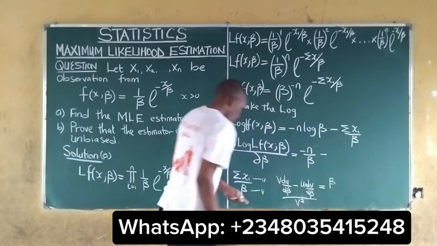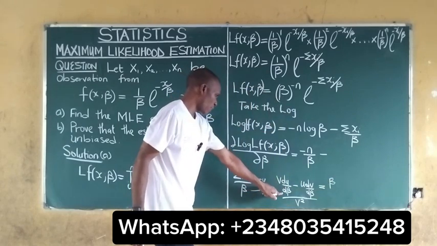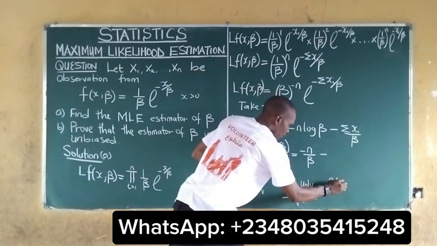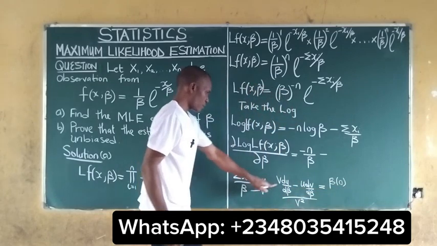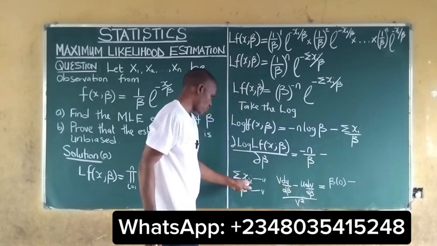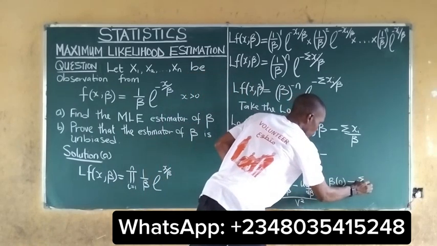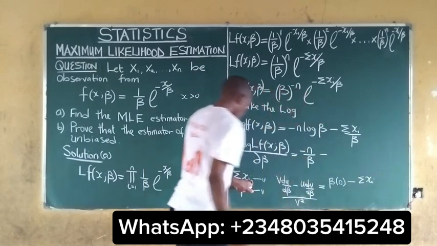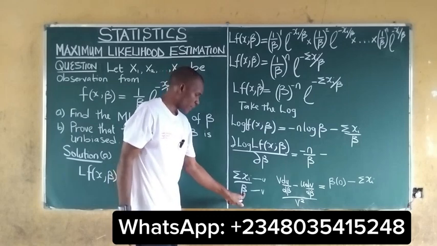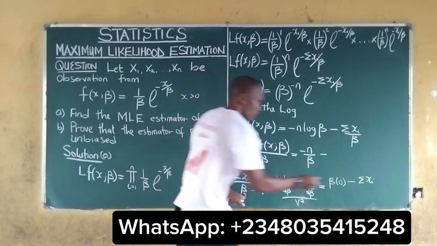So here we put v. If we differentiate the u all over d beta, we get 0, minus, if we bring down u, our u is summation of xi. If we differentiate v with respect to beta, we get 1.